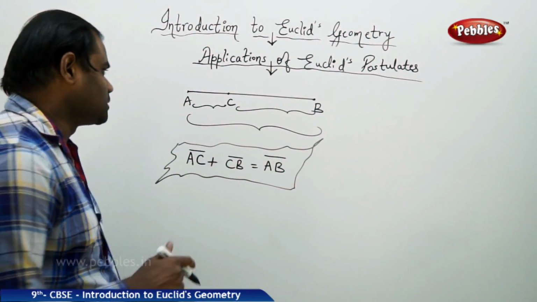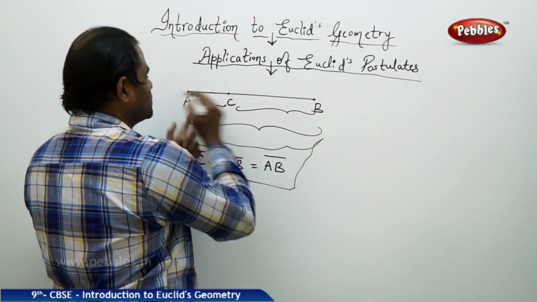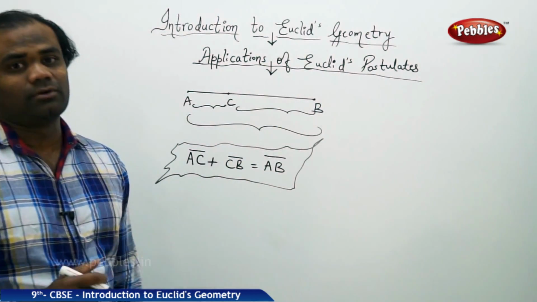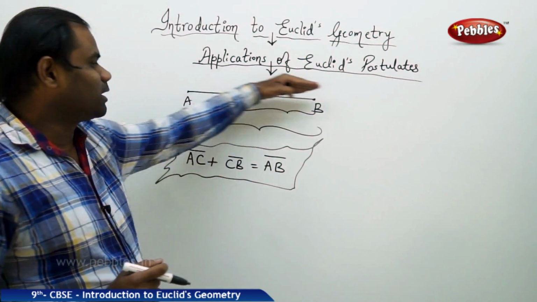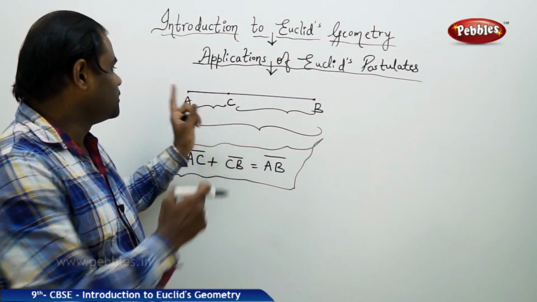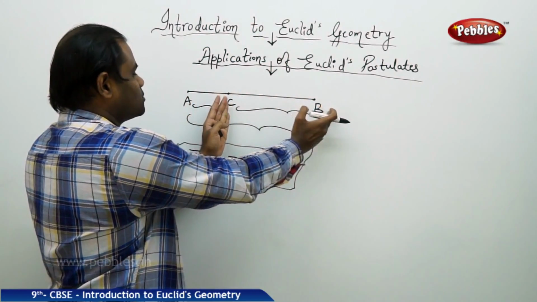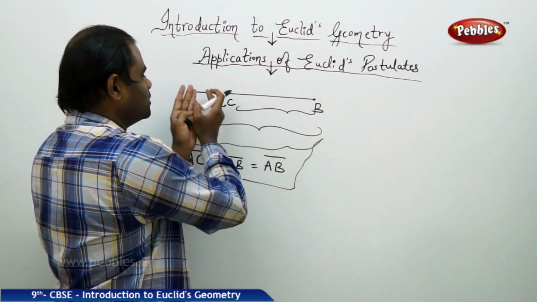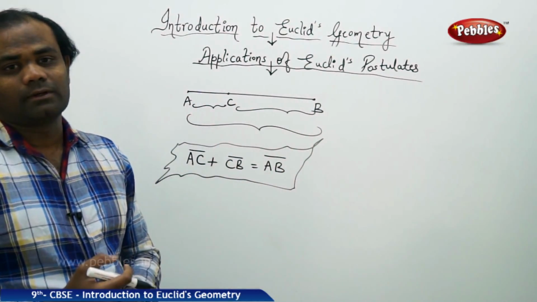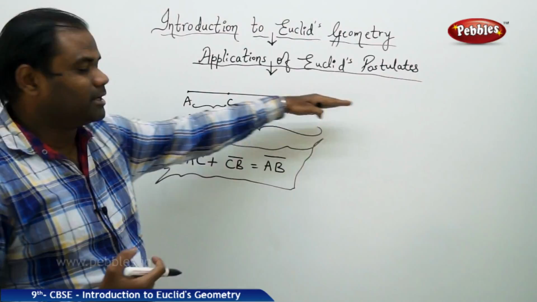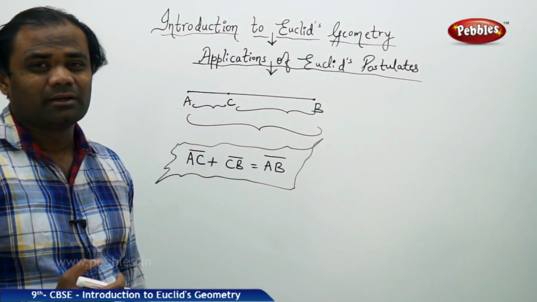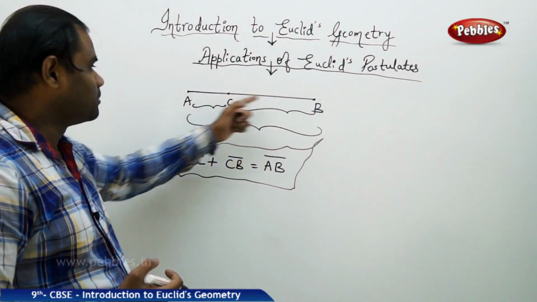The postulate which says between 2 distinct points there is only one line which can be drawn, and therefore I have only one line which passes through A and C, which are distinct points, and only one unique line which passes through C and B, and therefore this will be the same line which passes through all the 3 points.